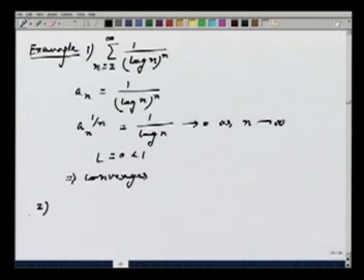Similarly, I can look at summation of (n by n plus 1) whole to the power n square. So in this case an equals (n by n plus 1) to the power n square.